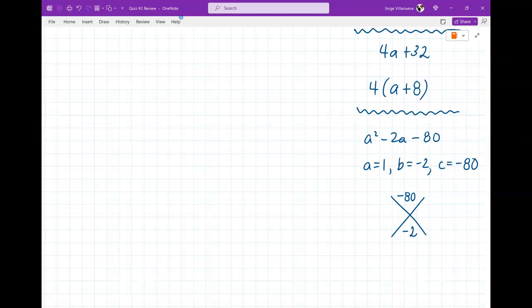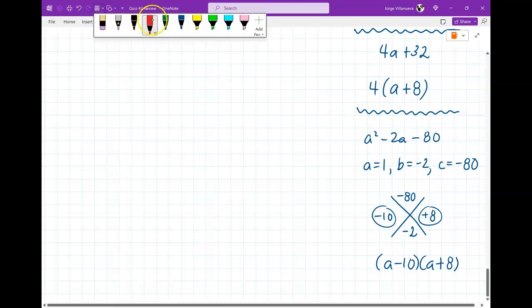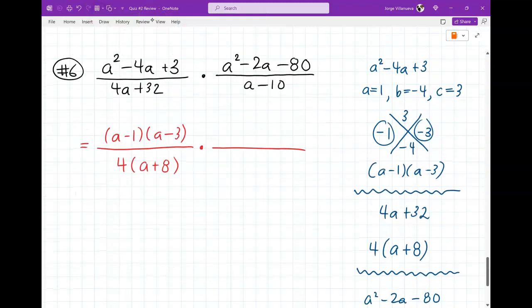So what two numbers multiplied give 80 that could give me a negative 2? A negative 10 and an 8. So negative 10 and a positive 8. And I don't have to divide them because A is 1. So this would be A minus 10, A plus 8. Let me put that on the top right side.